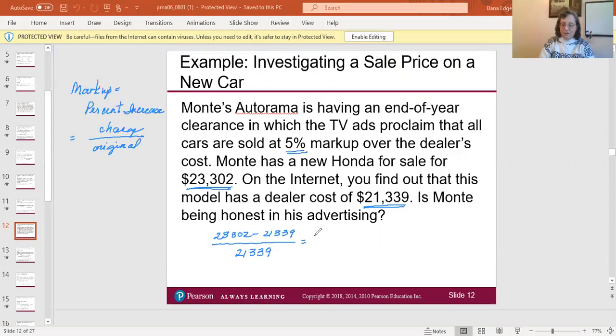So 23,302 minus 21,339 is going to be 1963.